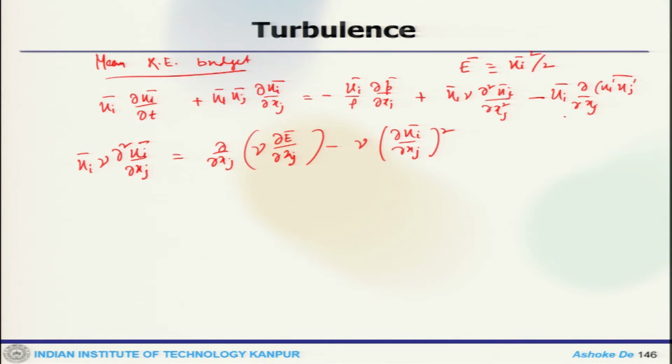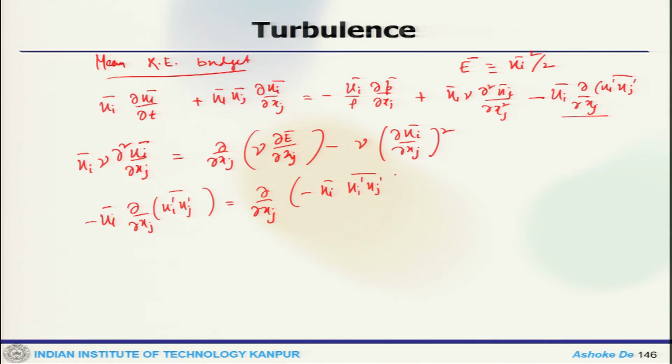The Reynolds term we can also rewrite, which is minus ui bar del by del xj of ui prime uj prime, which is now del by del xj of minus ui bar ui prime uj prime plus ui prime uj prime del ui bar by del xj.